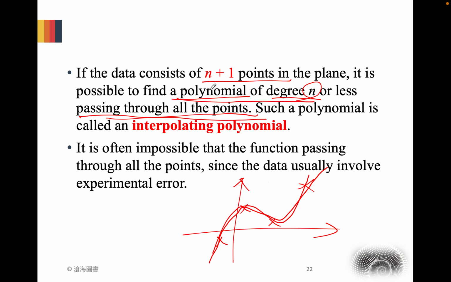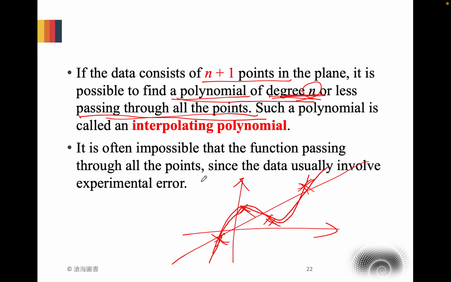However, because usually we have many data points, it is less interesting to find a very high degree polynomial. For example, in this example, a straight line may be more appropriate to describe the trend or the distribution of the data points.